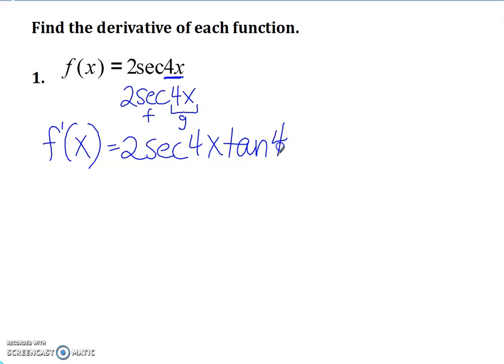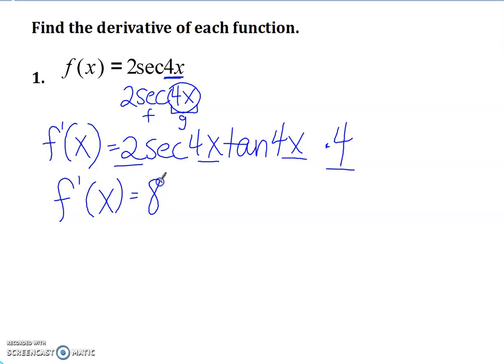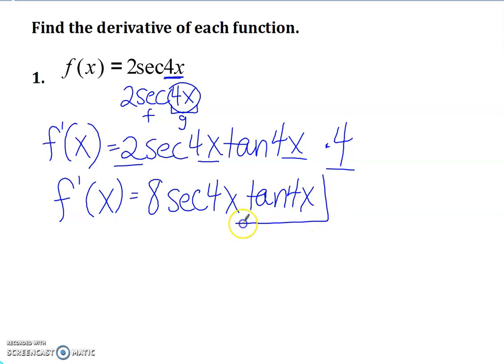We are going to leave that function as is in the trig functions. Now I'm going to take the derivative of 4x, which is just 4. So then we just multiply the 4 and the 2, and we get 8 secant 4x tan 4x. So when you have a trig function with something other than just x inside, you're going to have to do the chain rule.